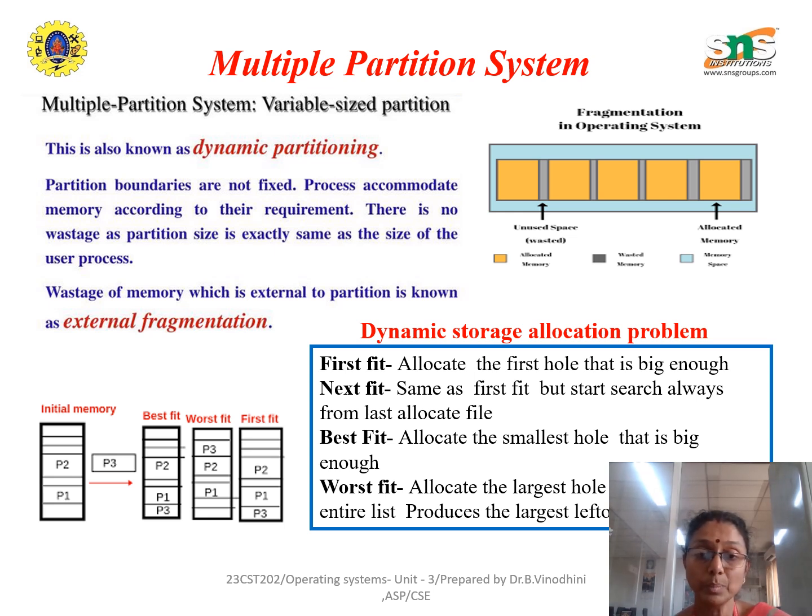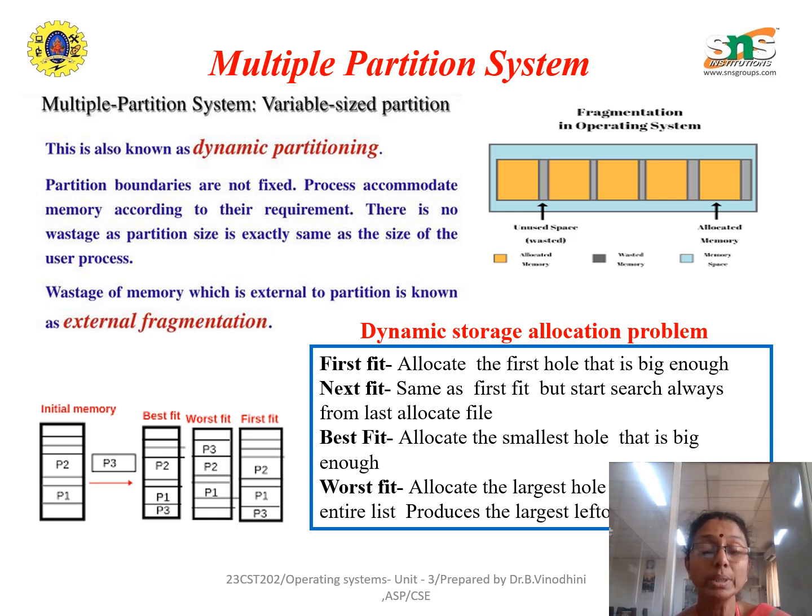So what does first fit mean? We allocate the first available hole that is big enough for the given process. Next fit is the same as first fit, but we do not search from the start. We always search from the last allocation. Best fit means allocating the smallest hole that is big enough for the given process.